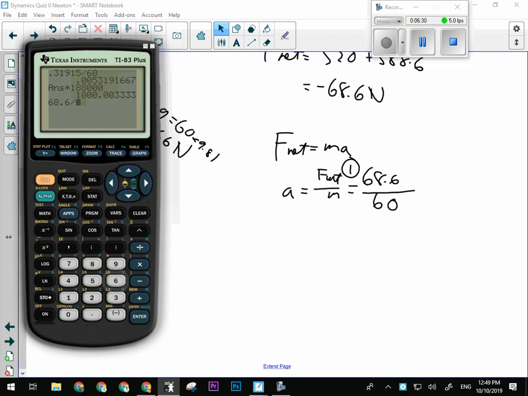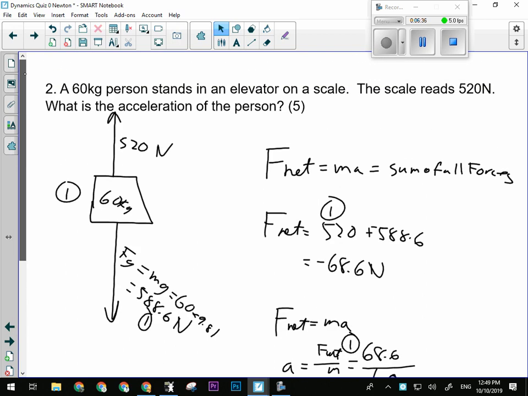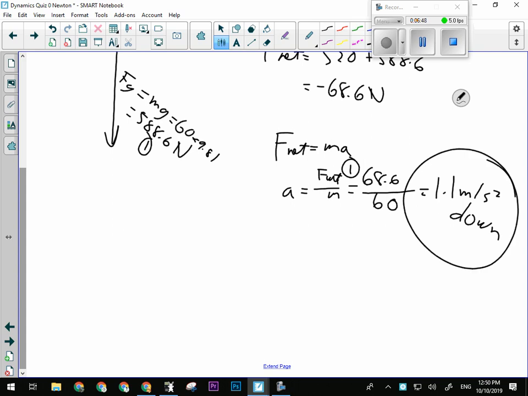So their acceleration will be, what do we got, 2 significant digits here? Yes, 60 kilograms. So 1.1 meters per second squared, down. If they don't have down, it is wrong. Force is a vector quantity and thus must have a direction. So that's their fifth and final mark there.